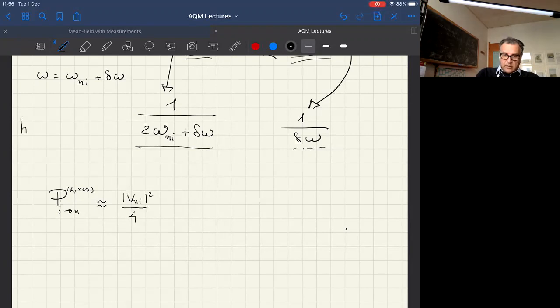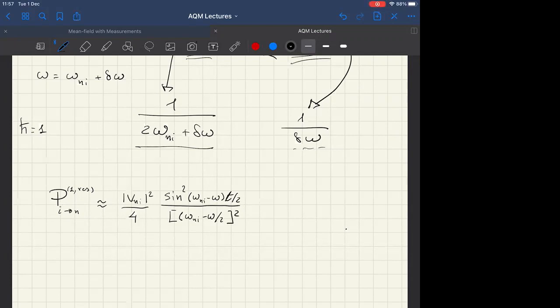Remember that we always put h bar to 1. So if you want to include the right dimensions, then you have to put back the h bar: sine squared of (omega_ni minus omega) t over 2, divided by (omega_ni minus omega) over 2 squared. Okay.